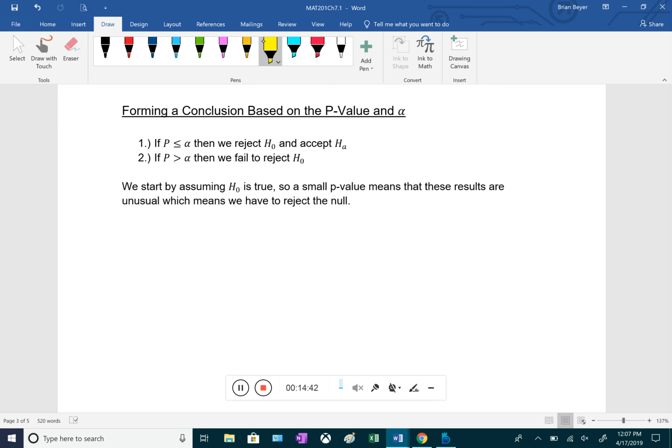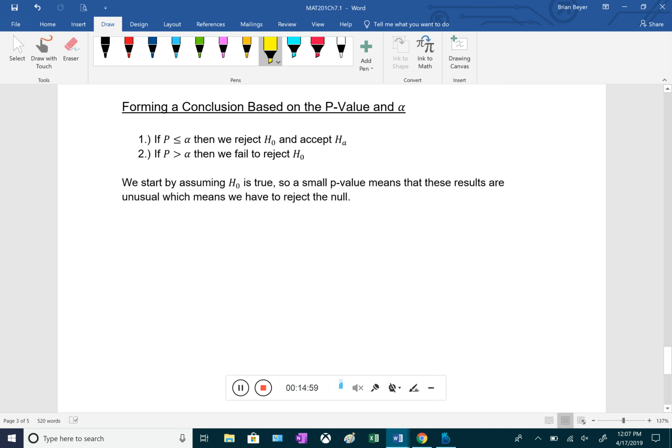If the p-value that we find, which once again is just the area, is greater than the significance level, then we fail to reject the null. Okay, so those are the only two conclusions that can be made for these hypotheses.